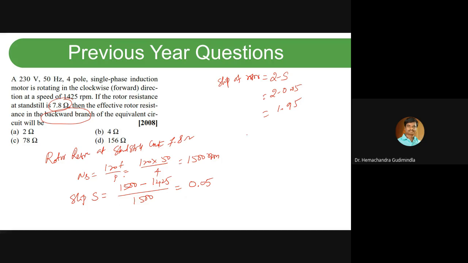Now effective rotor resistance is equal to R2 by 2 into 2 minus s, because with respect to backward branch. Now this will become 7.8 divided by 2 into 1.95. If I simplify that, I will get 2 ohms. So the option is A.